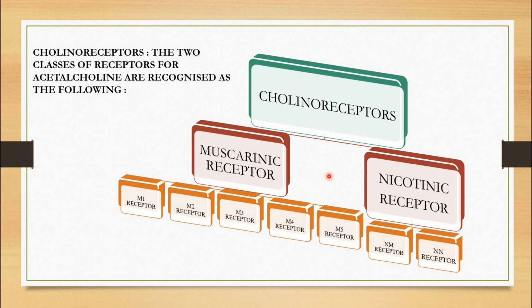First, the location of the receptors. Second, the function of the receptors. And third, the agonist and antagonists of the receptor. But for this presentation, we are only going to study about the location of the receptors, both muscarinic and nicotinic.